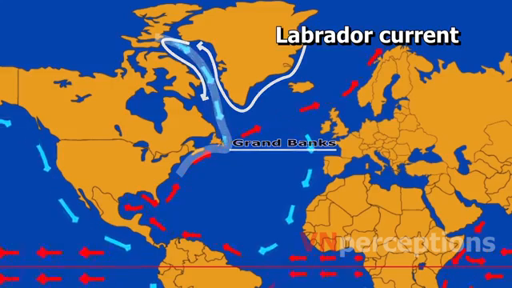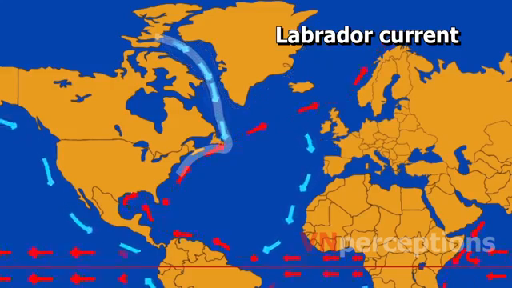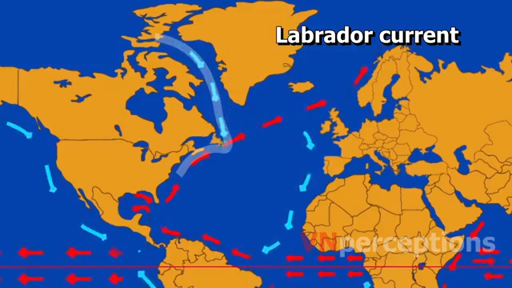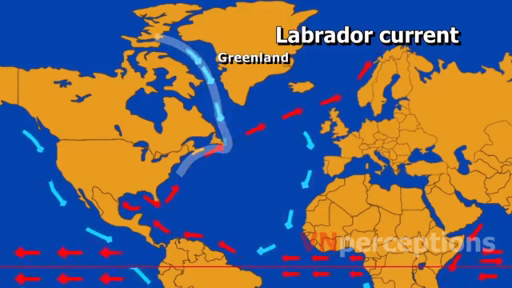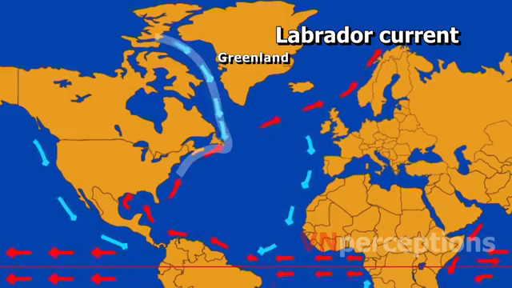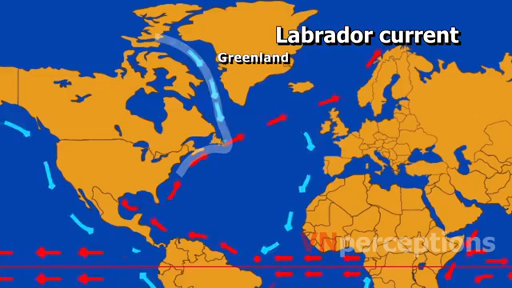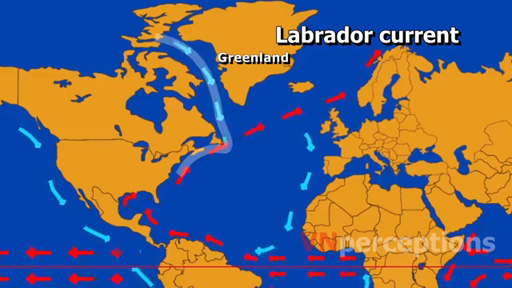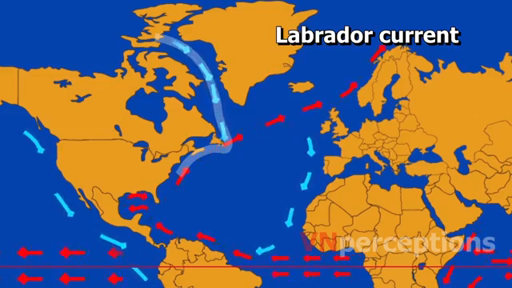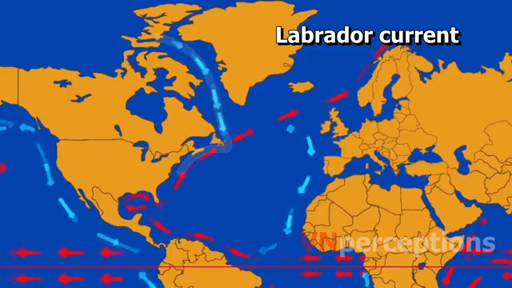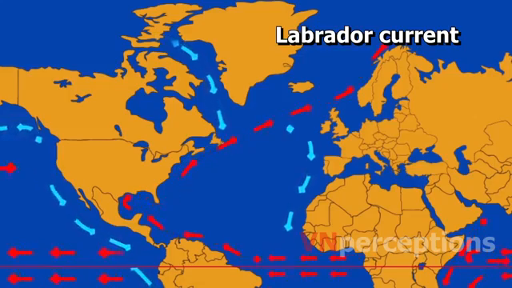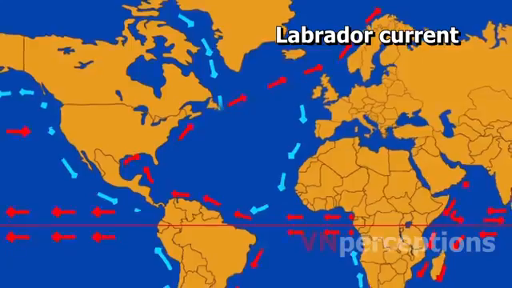In spring and early summer, this current transports icebergs from the glaciers of Greenland. The waters of the Labrador current have a cooling effect on the Canadian Atlantic provinces and coastal New England, but rarely have a significant effect on waters south of Cape Cod.